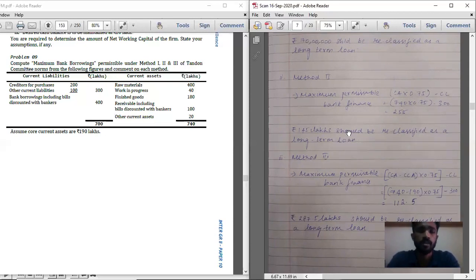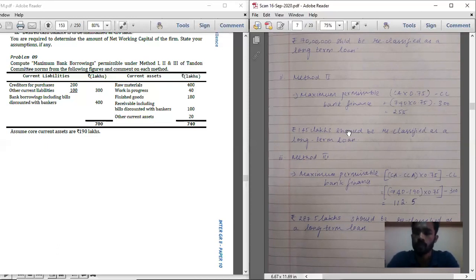Below that, take the numbers, is equal to, open a bracket, 740 into 0.75, close the bracket, minus 300. 740 into 0.75 within bracket minus 300 is equal to, what is the answer? 255 lakhs.